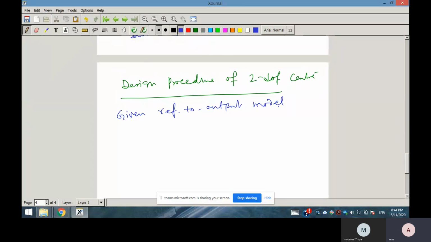So this model, the model matching, actually you can achieve. So TY to R characteristics, suppose this kind of characteristics given to you, alpha into CS divided by delta hat S. Okay, so this is the reference input output model you have been given.